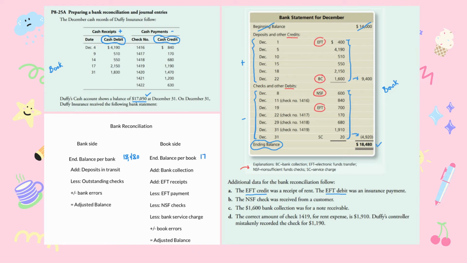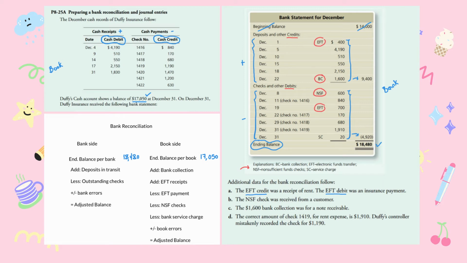These two should be the same. But because some transactions were recorded in the book, not recorded in the bank, and some transactions were recorded in the bank, not recorded in the book, I need to adjust these two balances to be the same number.